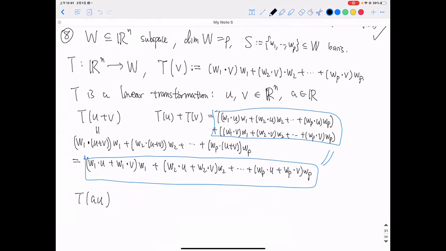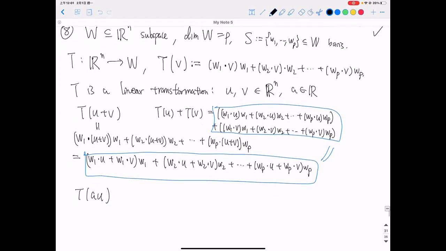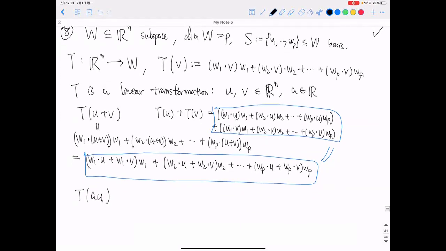Nothing funny about this. You just verify the equality. Now for the other requirement, we have to compute T of A times U, which is (W1 dot AU) W1, (W2 dot AU) W2, up to (WP dot AU) WP.